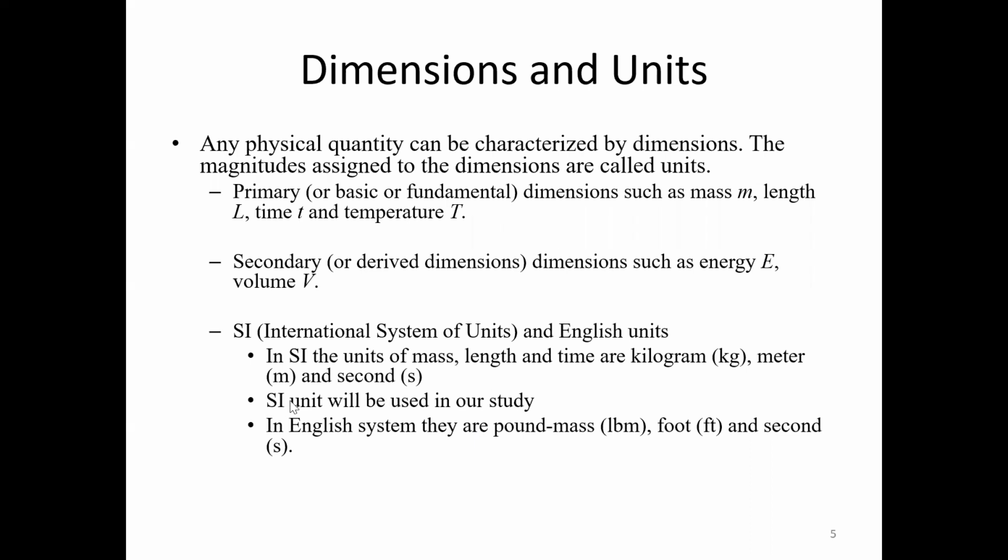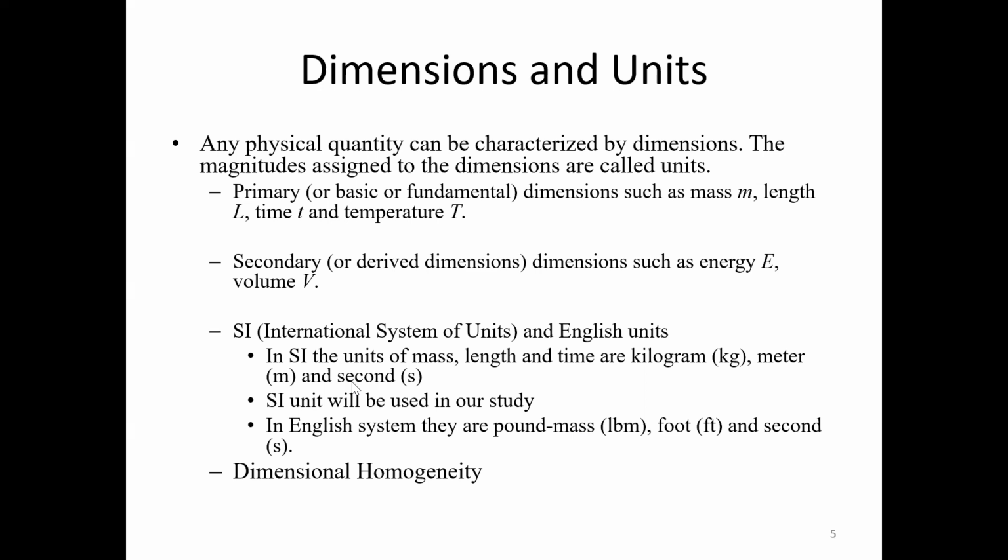You'll find this unit in most of the books these days. There are a few books, especially from the US, that still use the English units, the pound and foot, but these are very few books these days. So most of them you'll find in SI units, and we will, of course, use the SI units.